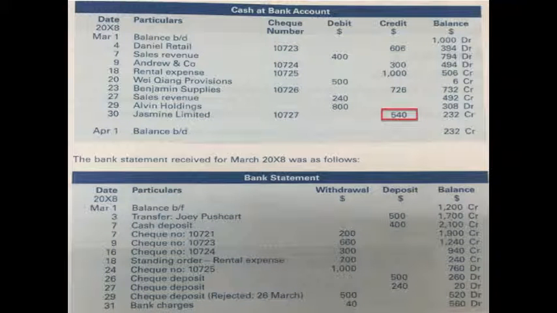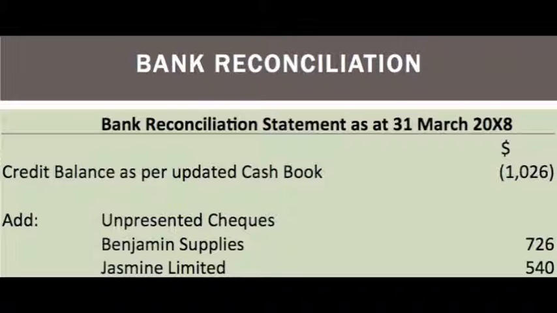We go back to our cash book and realize that there is another unpresented check, from Jasmine Limited, $540. Because it is an unpresented check, the bank wouldn't have known the existence of this, so we have to add that back too.